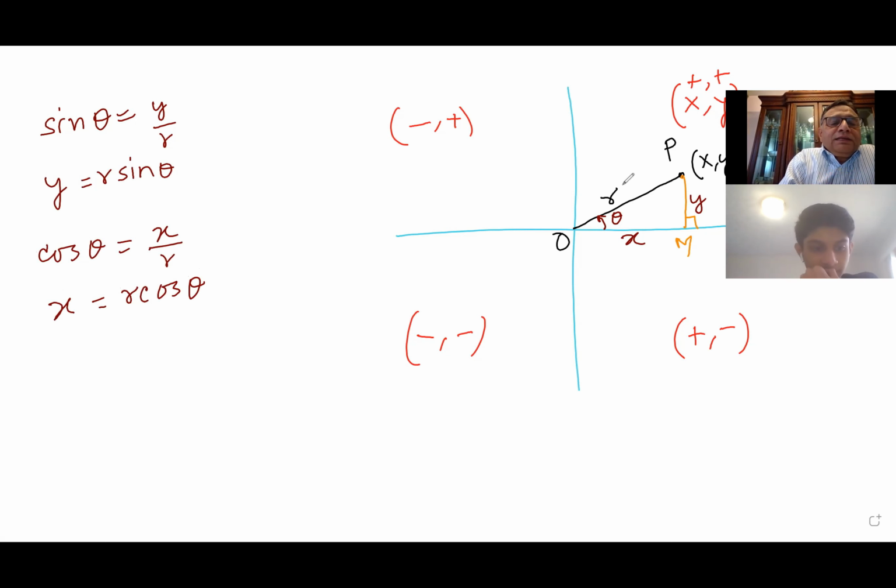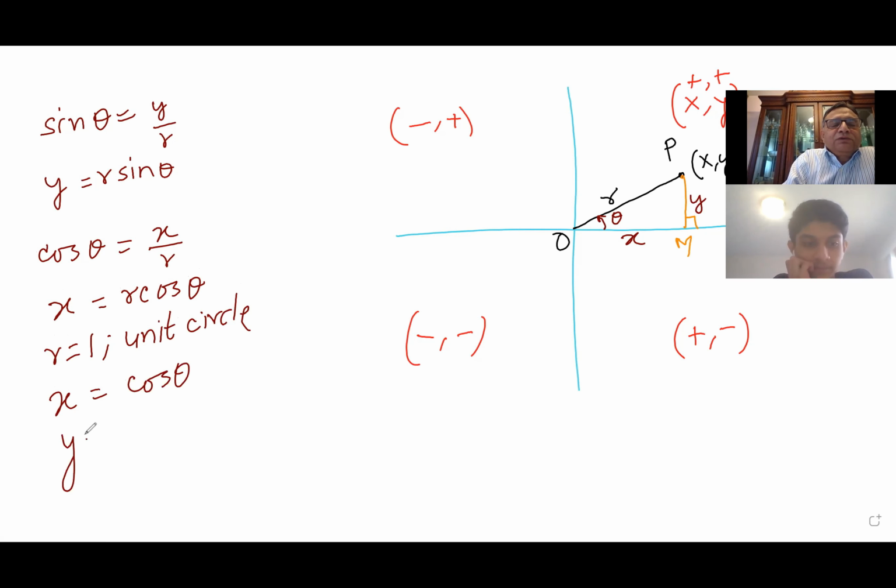Now, let us say that r is equal to 1. That is, we're talking about a unit circle. In that case, what is the x value equal to? r is 1, so x is cos theta, correct? And what is y equal to? Sine theta. So basically, x and y are cos theta and sine theta. You understand now?